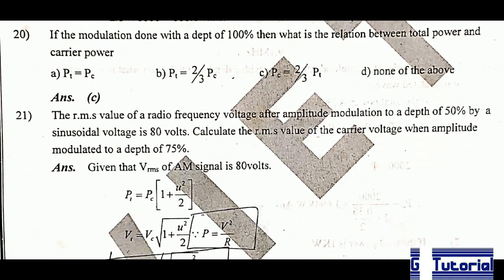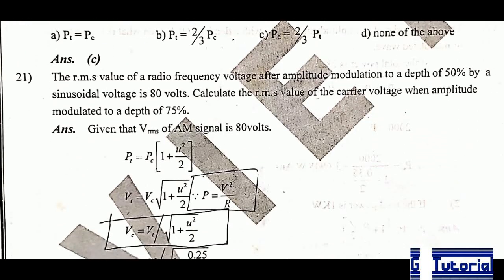Next question. The RMS value of a radio frequency voltage after modulation to a depth of 50% by a sinusoidal voltage is 80 volt. Calculate the RMS value of carrier voltage when amplitude modulated to a depth of 75%. Let us read the question once again. Here the depth of modulation is given.